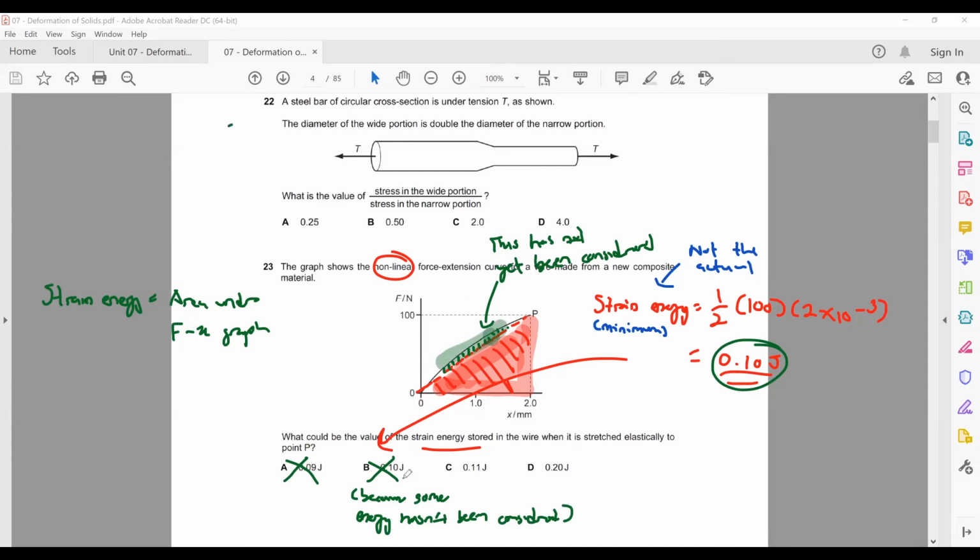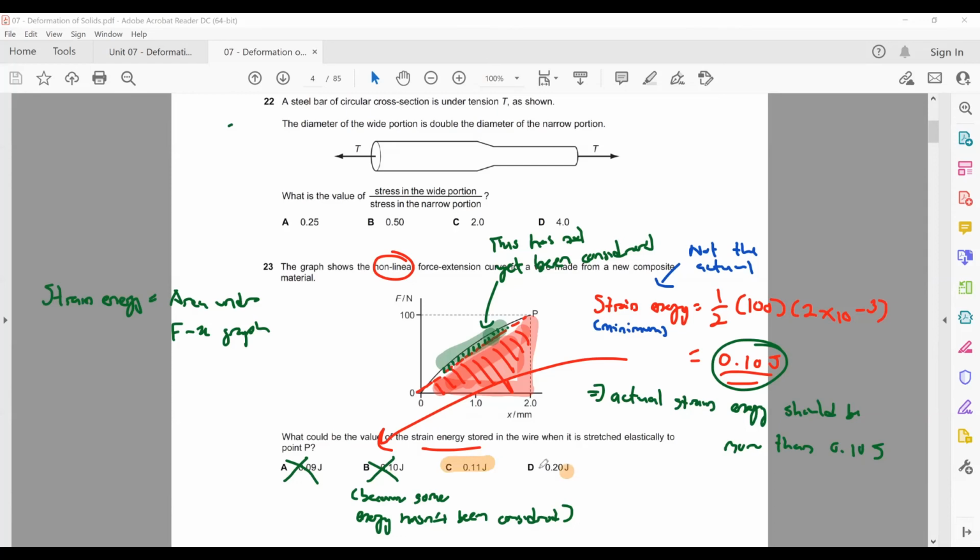So B cannot be the answer. You need something more. The actual strain energy should be more than 0.10 joules. So then you see that you have two choices of answer.